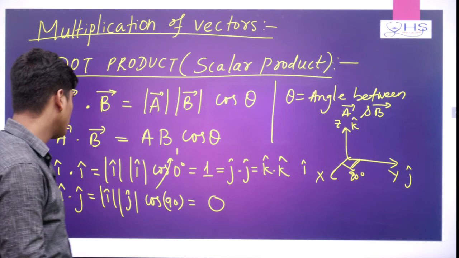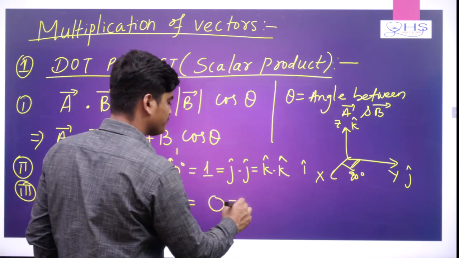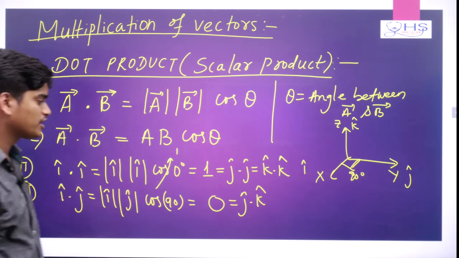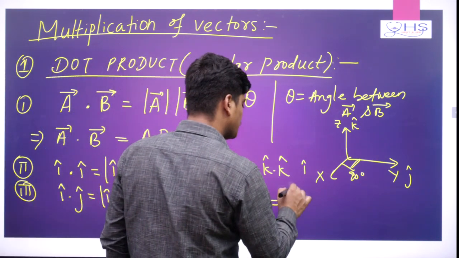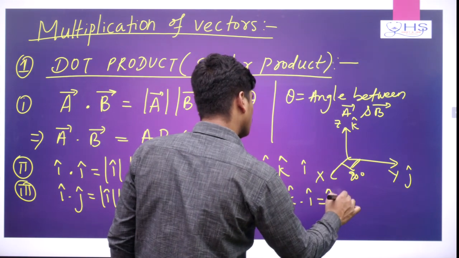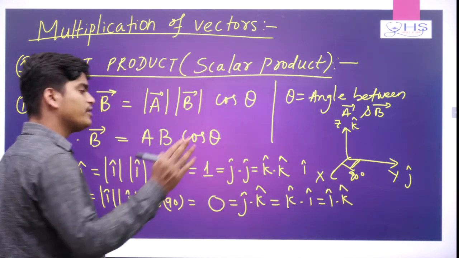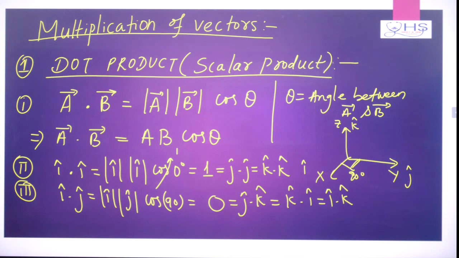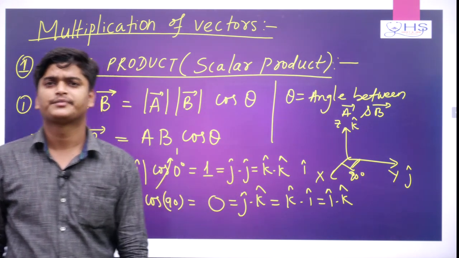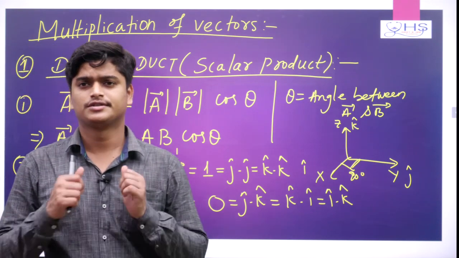Remember, either i dot j or j dot k, or k dot i or i dot k, whatever you say, all will be 0, because these vectors are perpendicular to each other. That's why their dot product is 0.